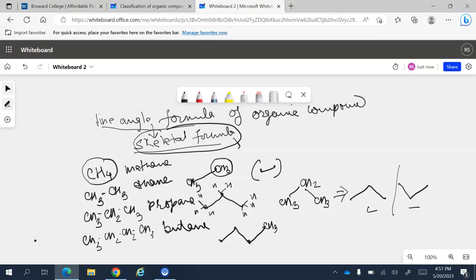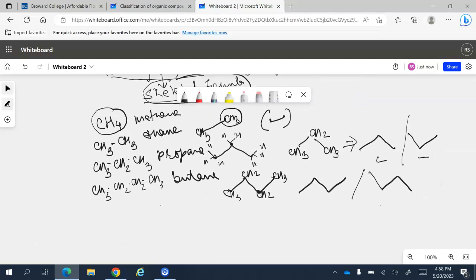This one has two bonds, so two hydrogens are hiding. So this is CH2, this one is CH2, and this one is CH3. You can write it this way or this way, either way. So that is what we call butane.